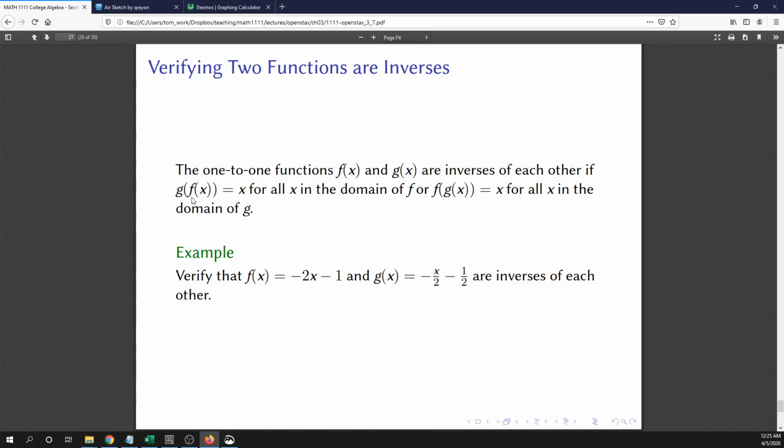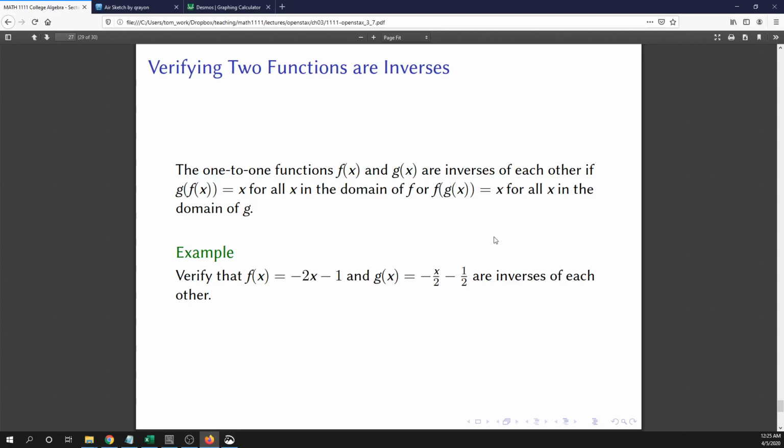So this condition basically says that if you plug f into g, everywhere there's an x, and you simplify it all out and you get x, well then f and g are inverses of each other. Or likewise, if you can plug g into f, and if that works out to be x, then they are inverses of each other. Okay, so that's another way to do that.